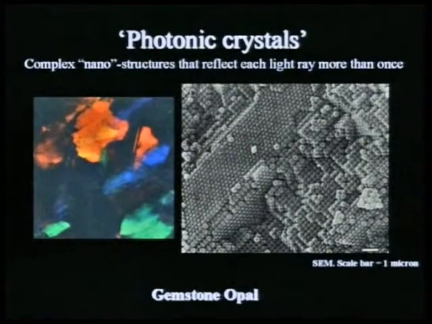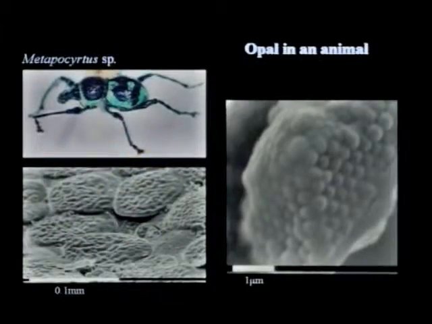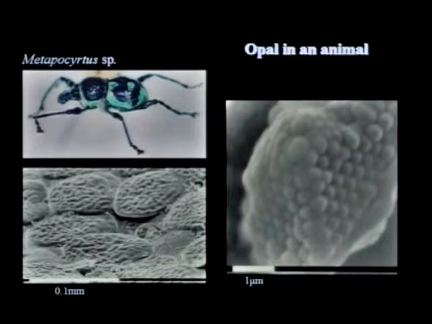And most interesting at the moment for industry are the photonic crystals. This is the structure that causes the colour of opal. So opal is a completely transparent material, but it has this microstructure, a packed array of microspheres that interact with light waves to produce reflections that we see as colour. Now, if you have a close look at that structure, you'll see it will reappear here in a weevil.